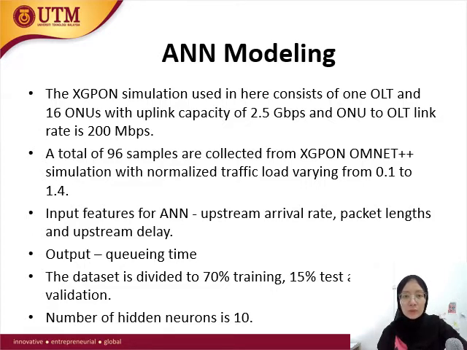The input features for the ANN modeling include upstream arrival rate, packet length, and also upstream delay. The output is the queuing time. For each TCON, the dataset is divided into 70% training, 15% test, and 15% validation. The number of hidden neurons is 10.